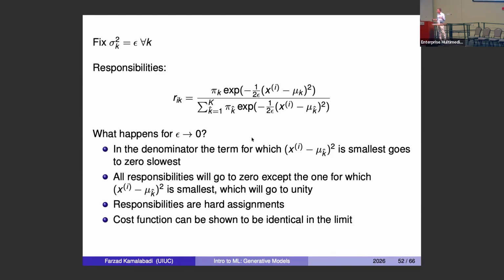And this is the last slide I'll leave with you, because if you look at this expression for the assignment in the limiting case, at its asymptotic behavior, you realize that as sigma, as this epsilon, which you can think of as the variance, goes to 0, the dispersion of your Gaussian goes to 0, you essentially end up with the exact same expression as a k-means cost, the hard assignment.